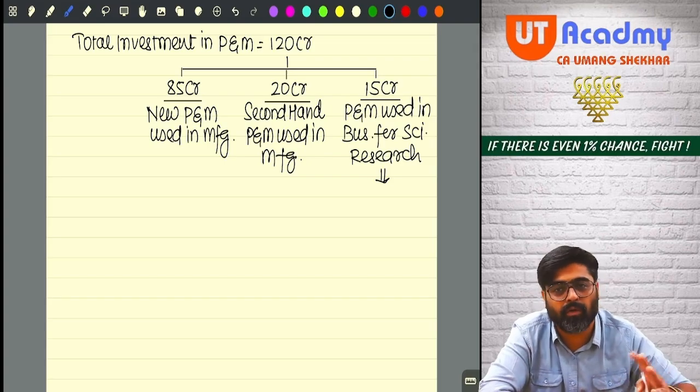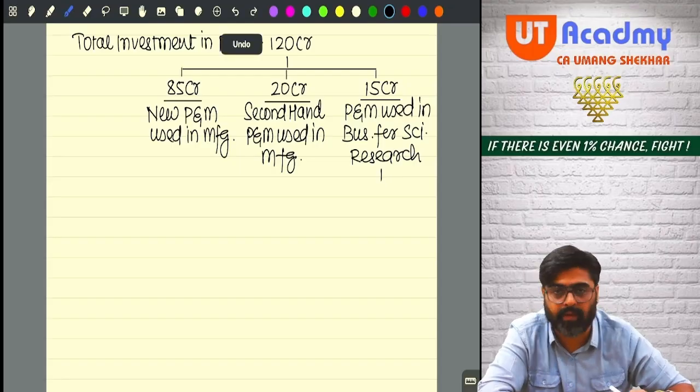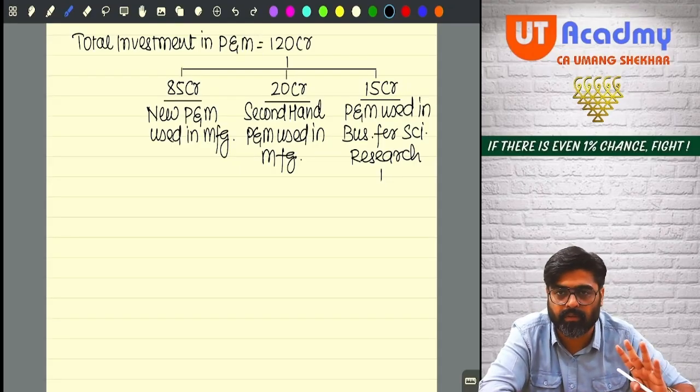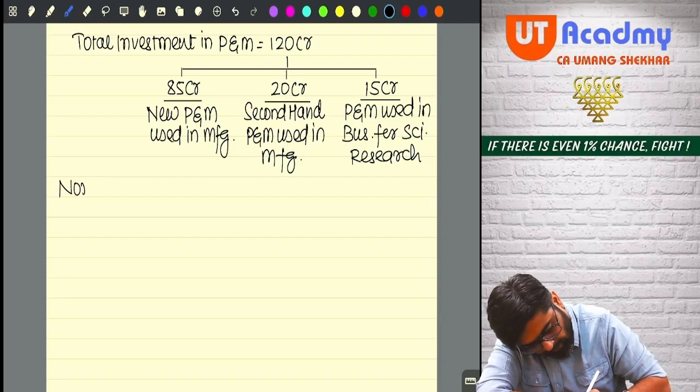So on this you are not going to get any additional depreciation, you are not going to get any normal depreciation. But on 20 and 85 you are going to calculate depreciation. So can I say normal depreciation? If nothing is mentioned on plant and machinery, I will take the general rate.